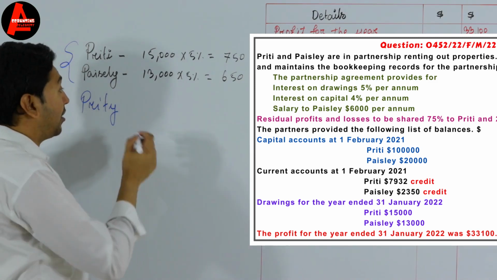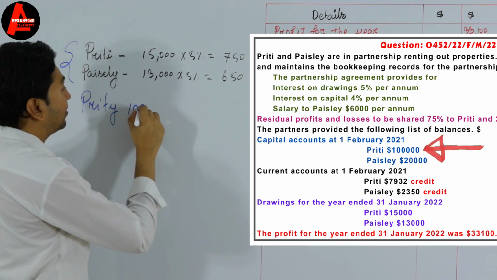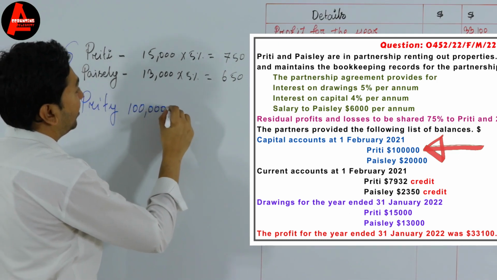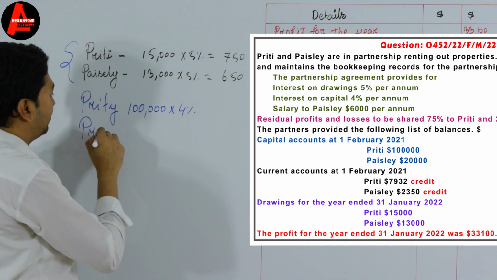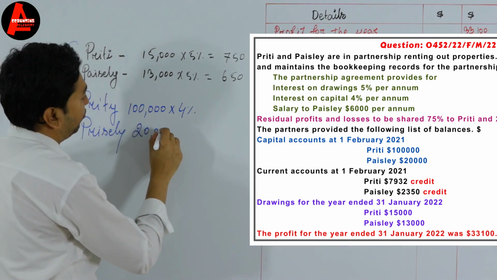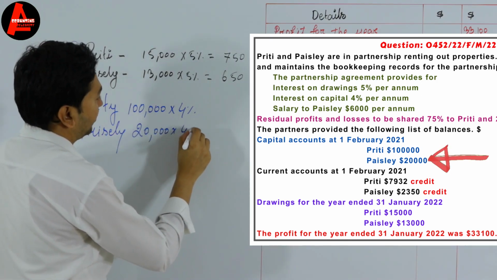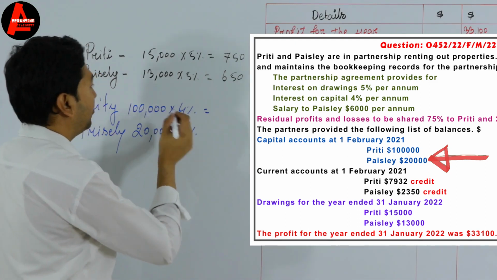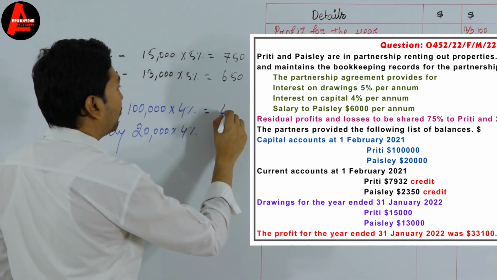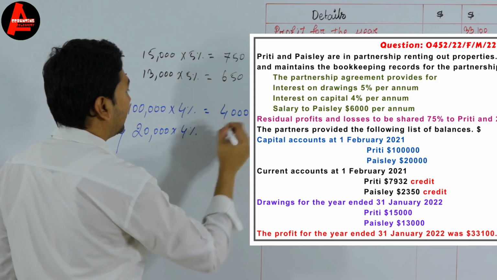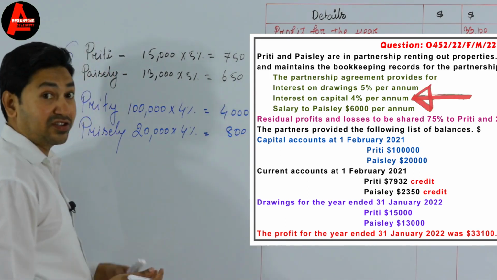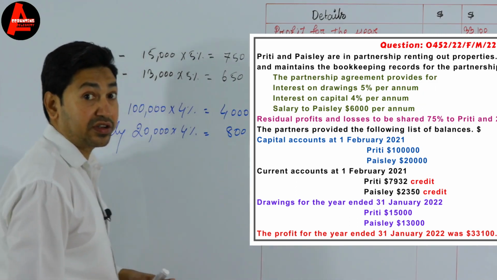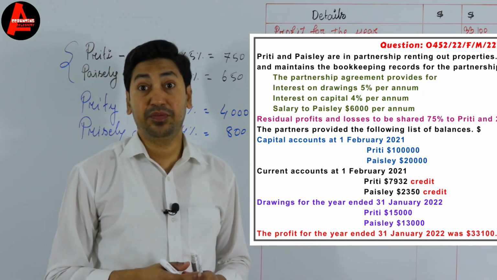So Preeti's capital is $100,000 multiplied by 4%, and Paisley capital is here $20,000 multiplied by 4%. Okay, so here if we multiply, we get $4,000. Okay, here we get $800.